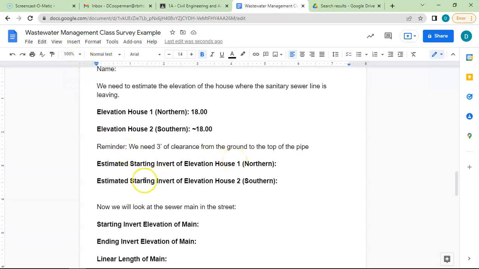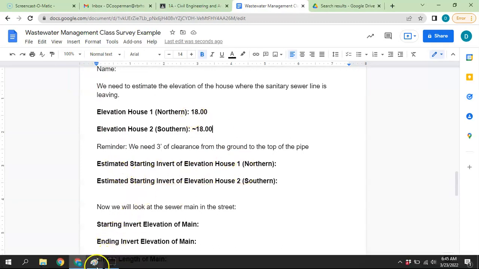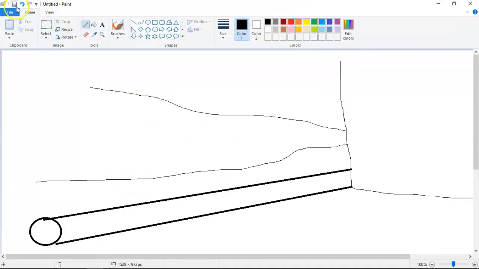So let's estimate the starting invert of the northern house. This is our house right here. If we're estimating that right here is elevation 18, we want to know the starting invert right here. So we know that we're going to need 3 feet minimum.